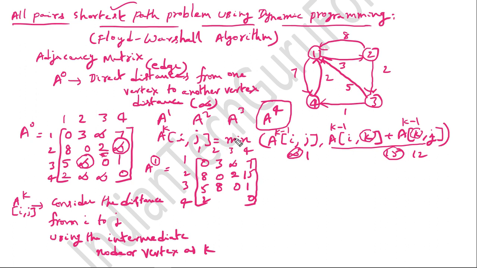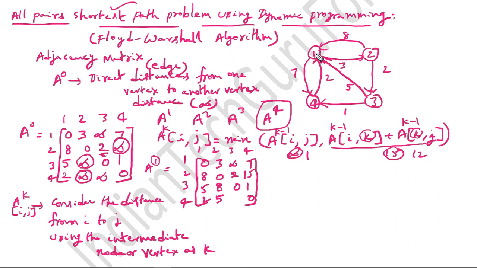Next, from 4 to 2. 4 to 2 using 1 as intermediate node. 4 to 1 and 1 to 2. 4 to 1 is 2 and 1 to 2 is 3. 2 plus 3, 5. So this value will be 5, replace this infinity. Next 4 to 3, using intermediate node 1: 4 to 1, and there is no direct edge to 3.